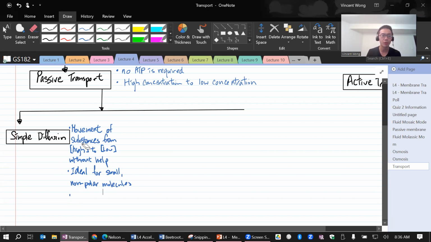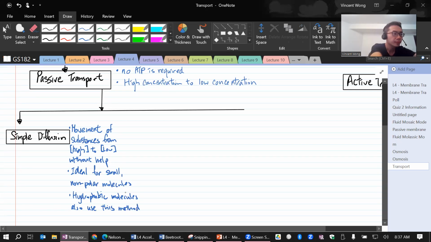Also suitable for hydrophobic molecules to cross the cell membrane.